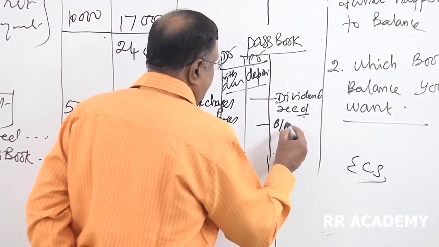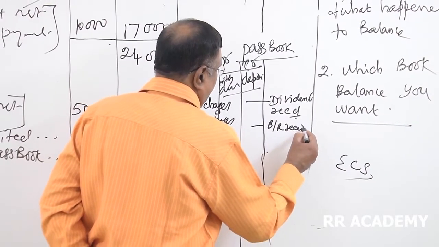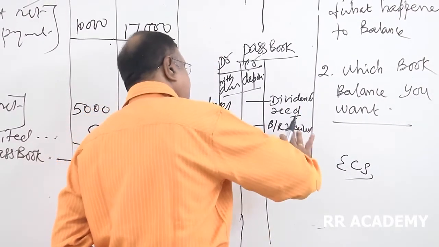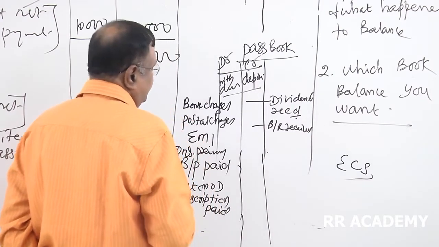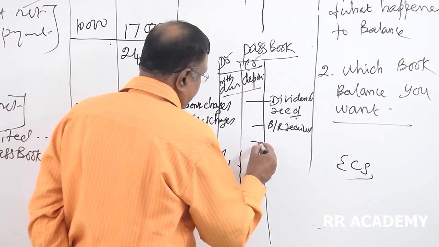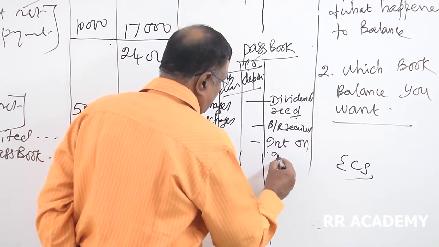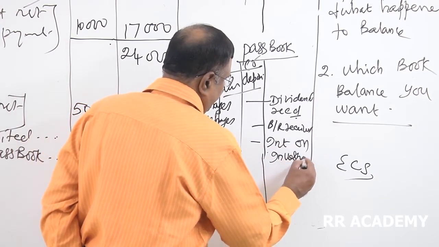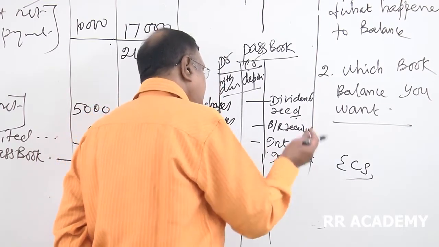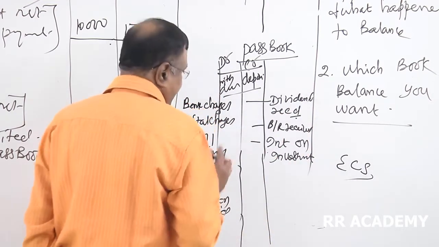Next, BR received, bills receivable discounted, will be deposited in the bank directly. Then interest on investment. We have deposits in the bank, and that interest will be credited here.